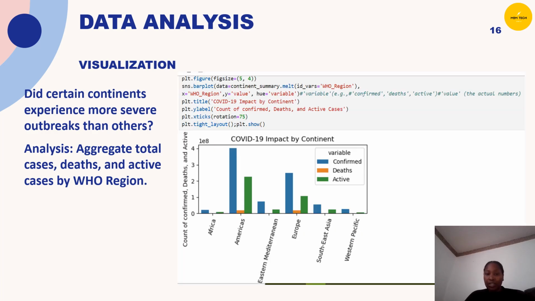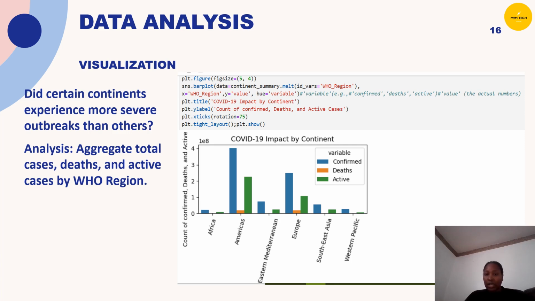It's easier to show you by using bar plots. This is a bar plot we created. The blue shows confirmed, orange shows deaths, and green shows active cases.